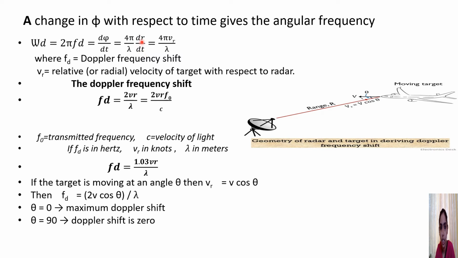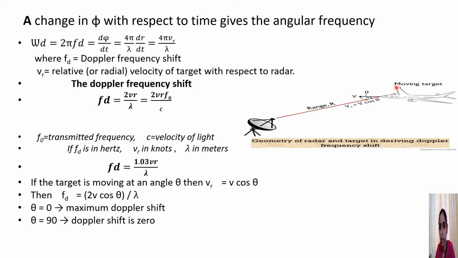When we differentiate, dR by dt becomes the velocity Vr. So that is 4 pi Vr divided by lambda, where fd is denoted as the Doppler frequency shift and Vr is the relative, or radial, velocity of the target with respect to the radar.